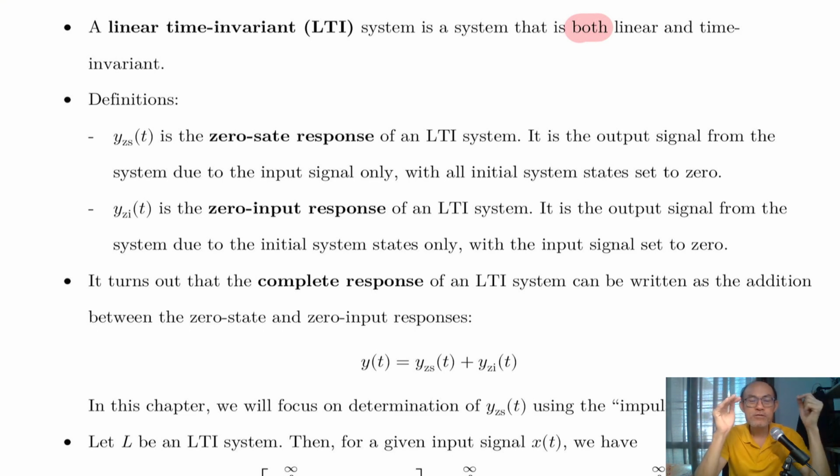So the zero state response of an LTI system is the output from that system that is due to the input signal only, with no initial states. We set all the initial states to zero, we apply the input, and the output will be called the zero state response.